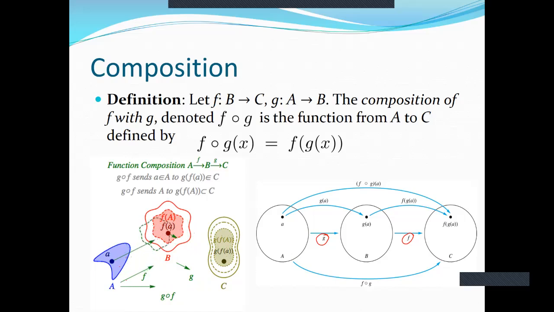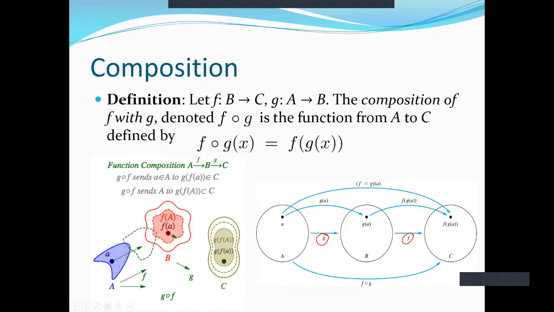So let's see the definition. Let F be a function that maps B to C, and G a function that maps A to B. The composition of F with G, denoted by f∘g, is the function from A to C determined by (f∘g)(x) = f(g(x)).